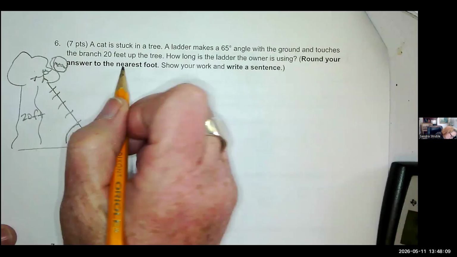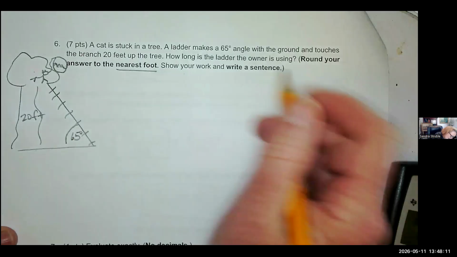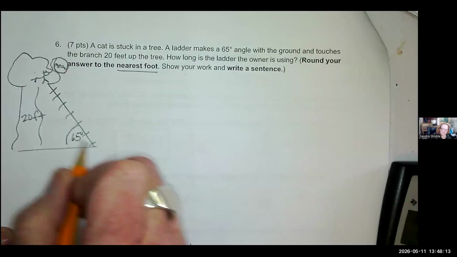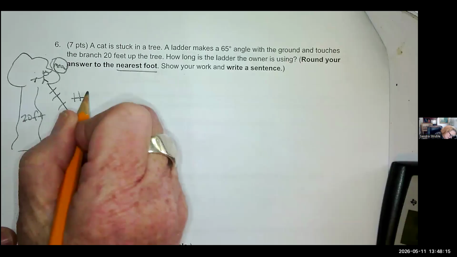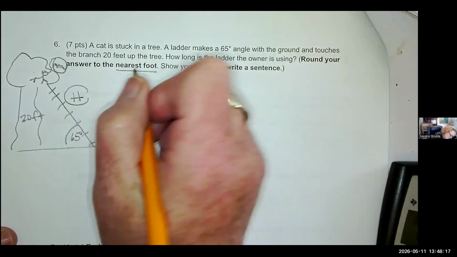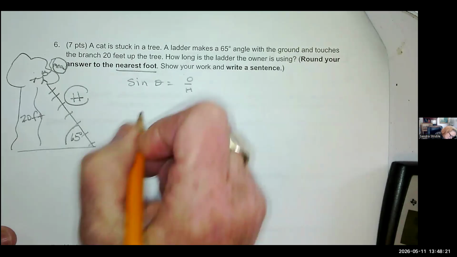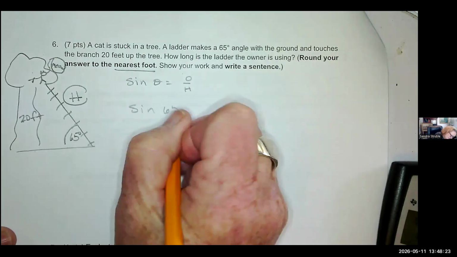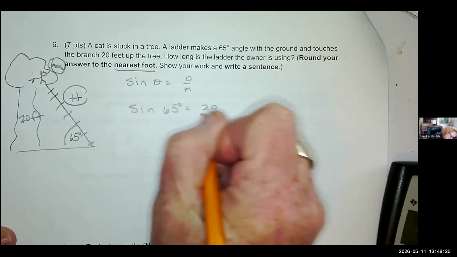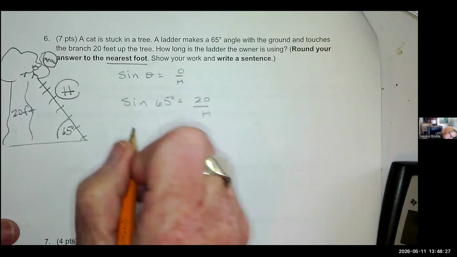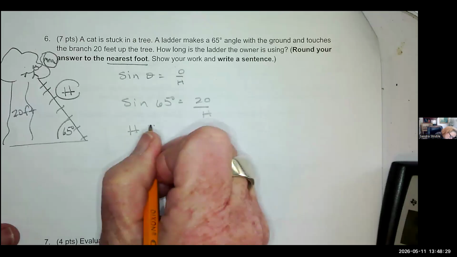All right, so we've got opposite and we need the hypotenuse. That's sine. So sine of theta is opposite over hypotenuse. So sine of 65 degrees is 20 over the hypotenuse. I'm going to cross multiply here. So H times sine 65 is 20.